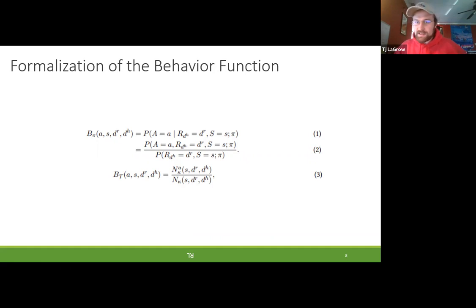We denote R of D as the random variable denoting the return obtained by the agent during the next desired horizon time steps. Then the behavior function produces the conditional probability that taking an action A, and thereby acting using the policy denoted as pi here, leads to the desired return within the desired horizon.